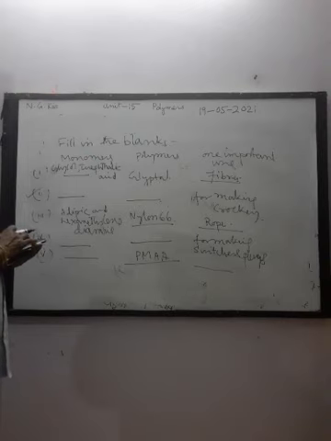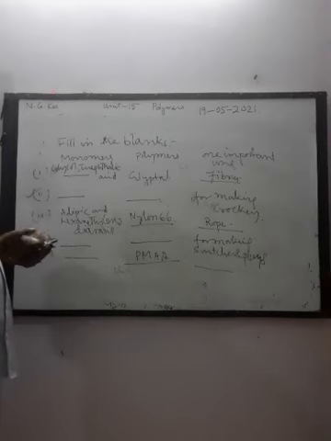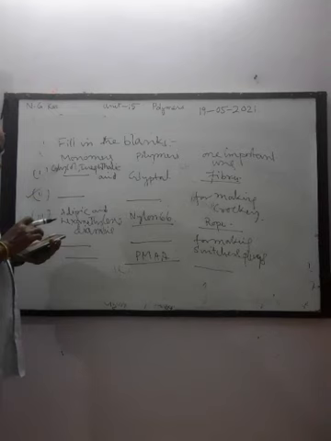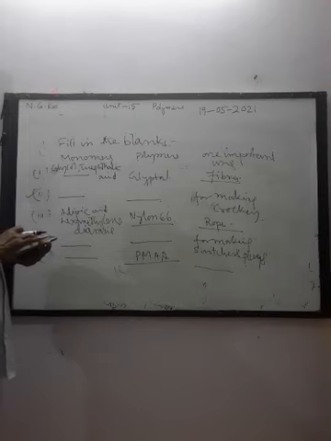Name one thermosetting and one thermoplastic. Thermosetting plastic: bakelite; thermoplastic: PVC. Name a synthetic polymer which is an ester. Terylene is a synthetic polymer which is an ester. Name a polymer which is used for making non-stick utensils. Teflon is the polymer.